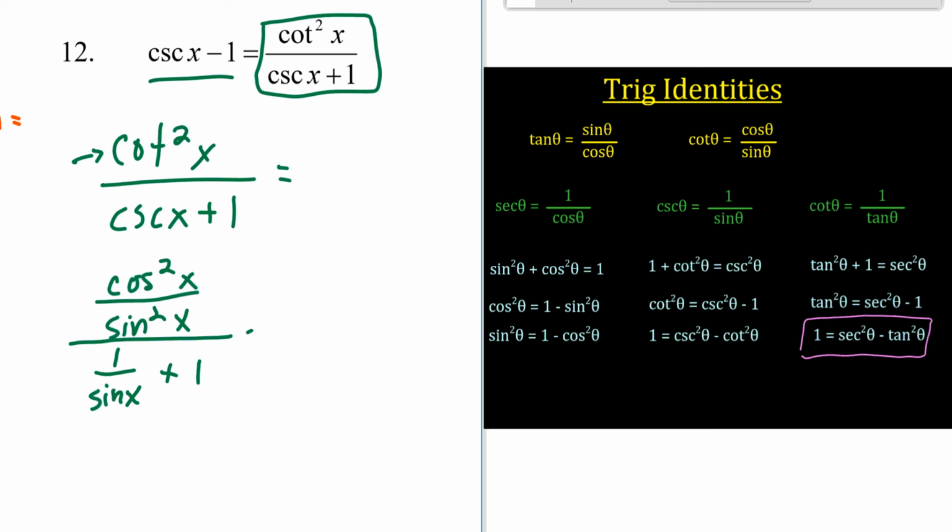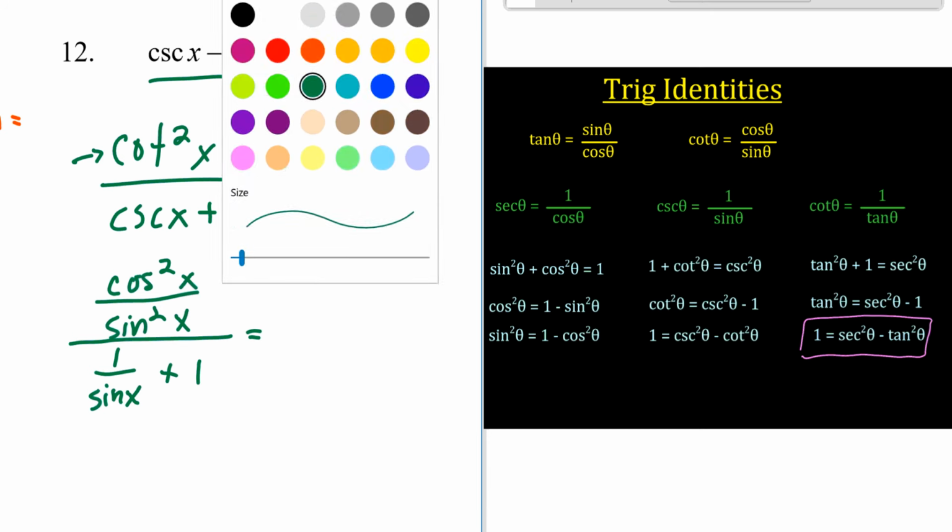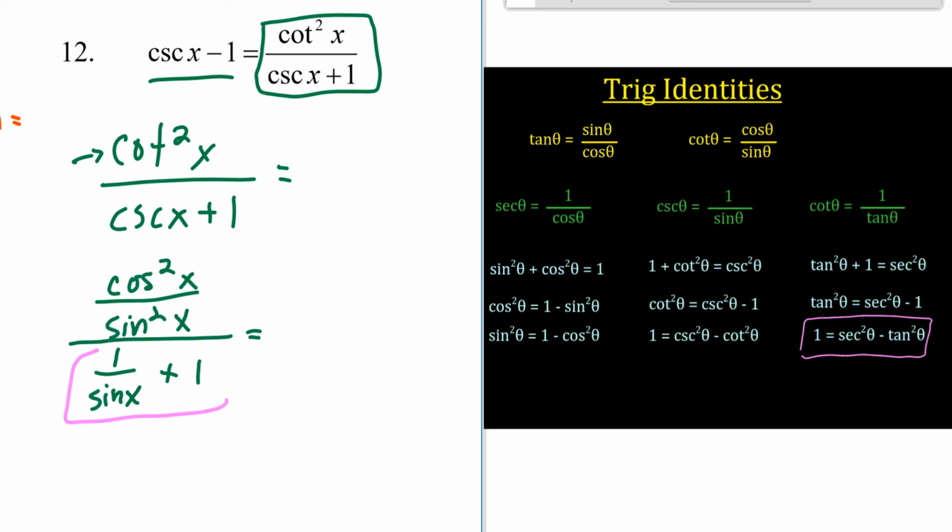Okay, so I think I just made this fairly messy. What I might do next is take this bottom stuff and get a common denominator. Let's see if that does anything for me. So on top, we still have cosine squared x over sine squared x.